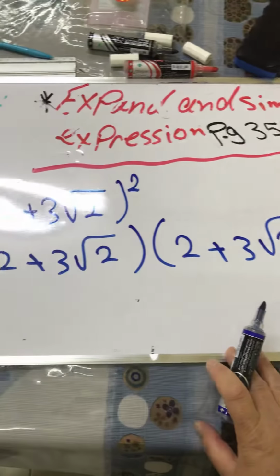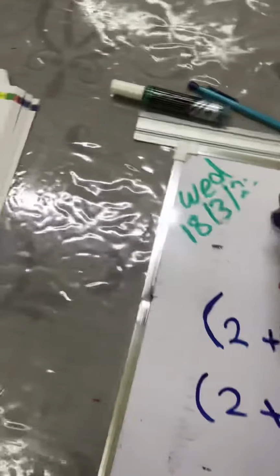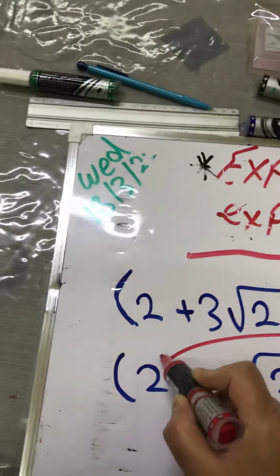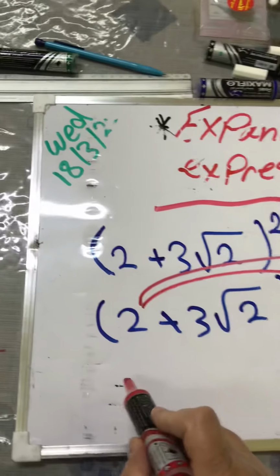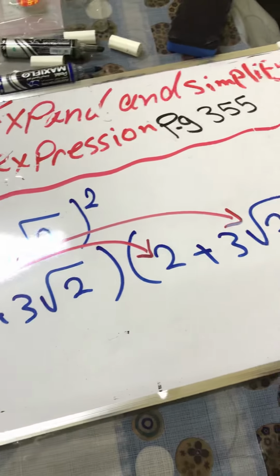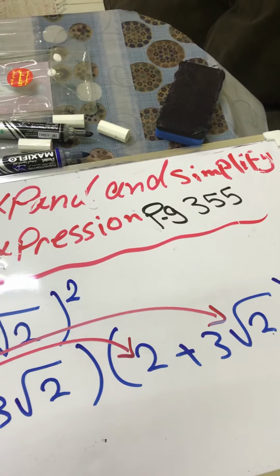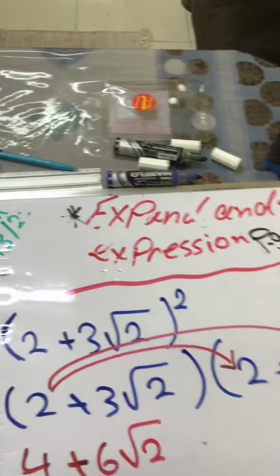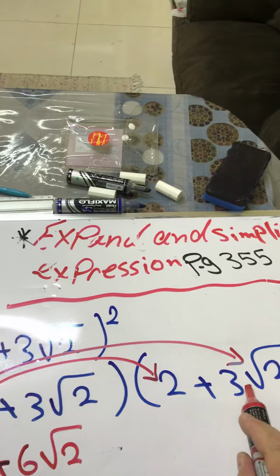Okay. And then I'll take 2, multiply all things inside the second bracket. So 2 multiply 2: positive 2 times positive 2 equals 4. 2 times positive 3 square root of 2: 2 multiply 3 equals 6 square root of 2.